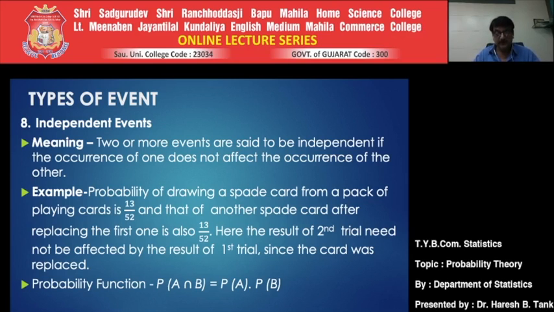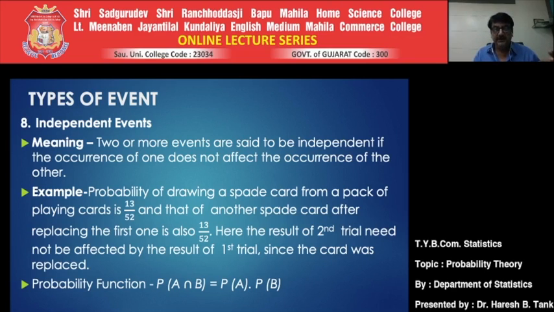Let us suppose the probability of drawing a spade card from a pack of playing cards. What is that? It is simply a ratio. Upon the total number of possible outcomes: 52 cards are there, one card is selected at random, so the total number of possible outcomes is 52, and the denominator is always 52. Is it fine? Okay.